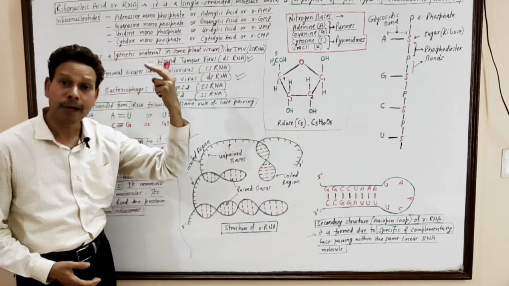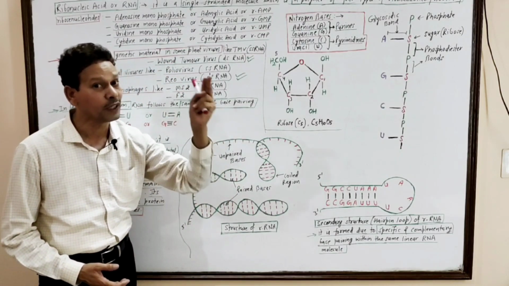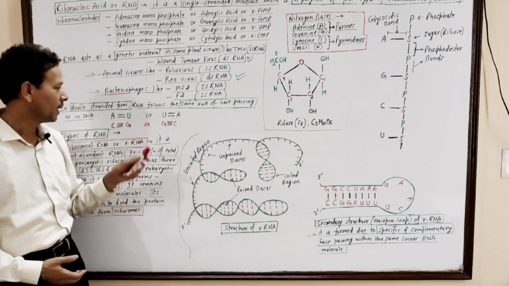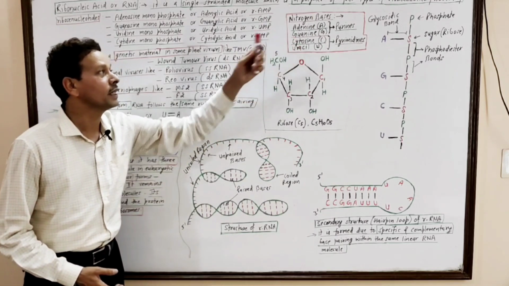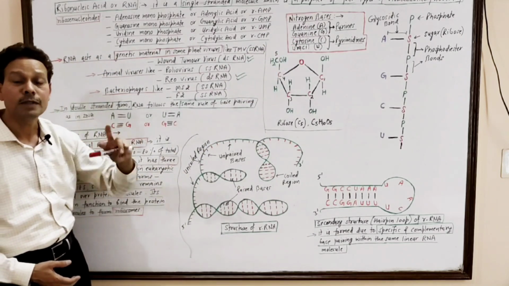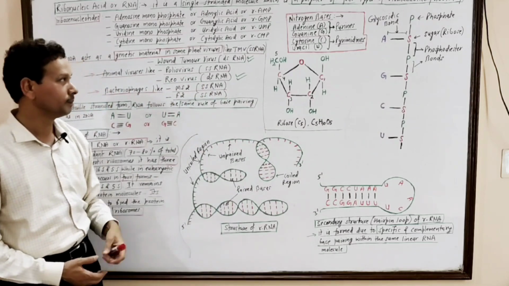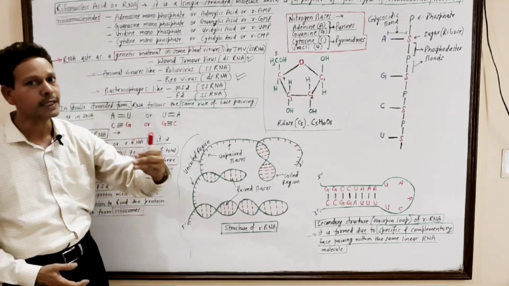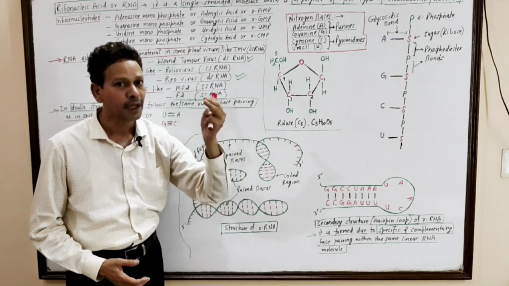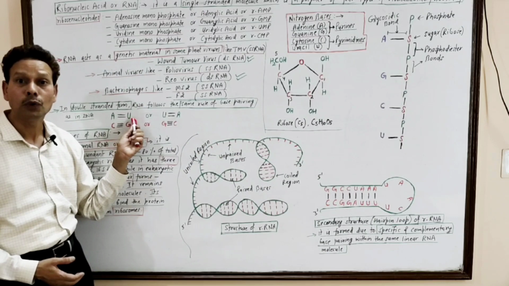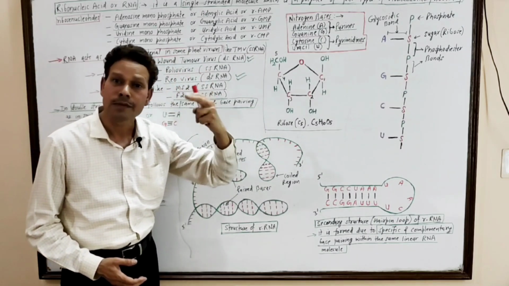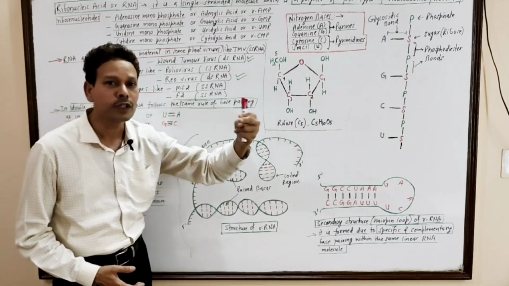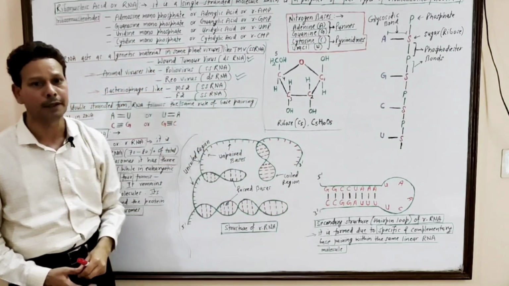But in DNA, A always base pairs with T, thymine, with a double hydrogen bond, and cytosine always base pairs with guanine by a triple hydrogen bond. In RNA the base pairing is A with U because the nitrogen base is uracil instead of thymine.